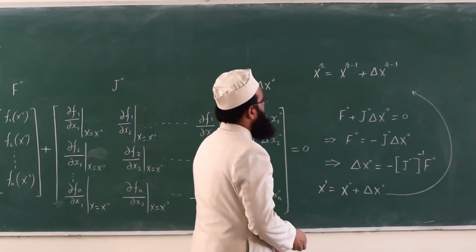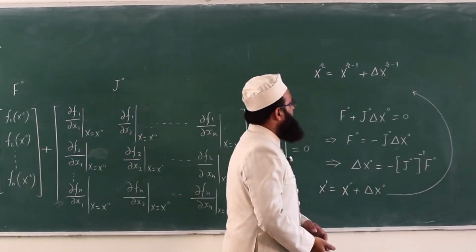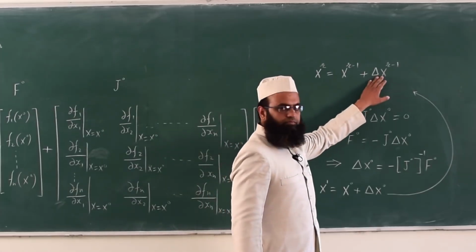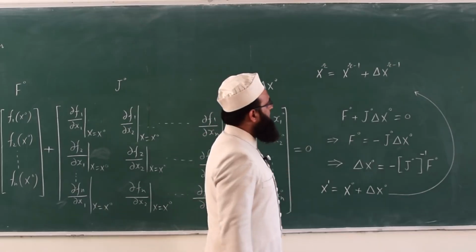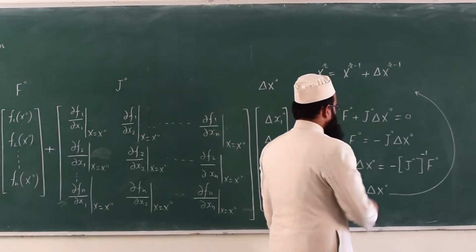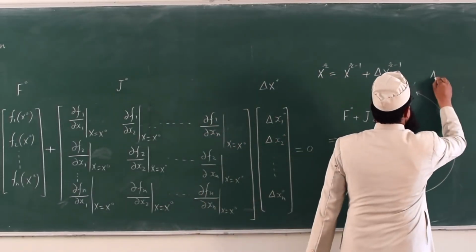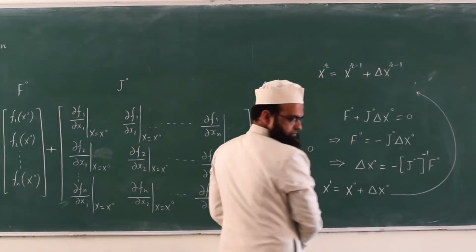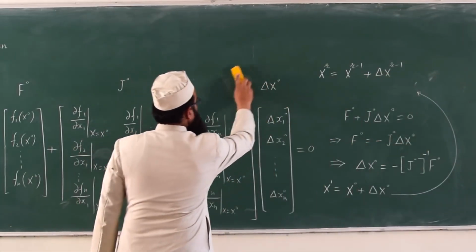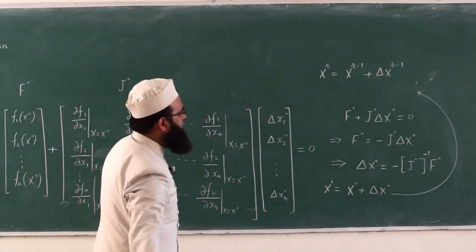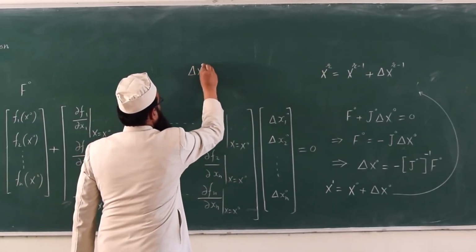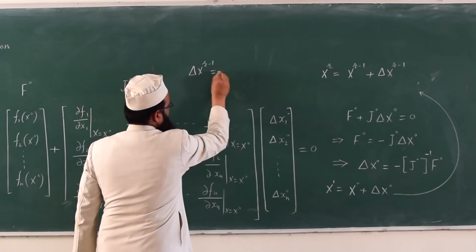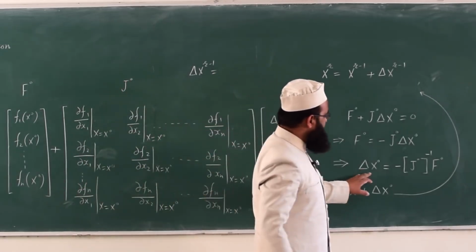This way in each iteration we will calculate this and we will update this, where del x r minus 1 can be written from here. Del x0 is this one.